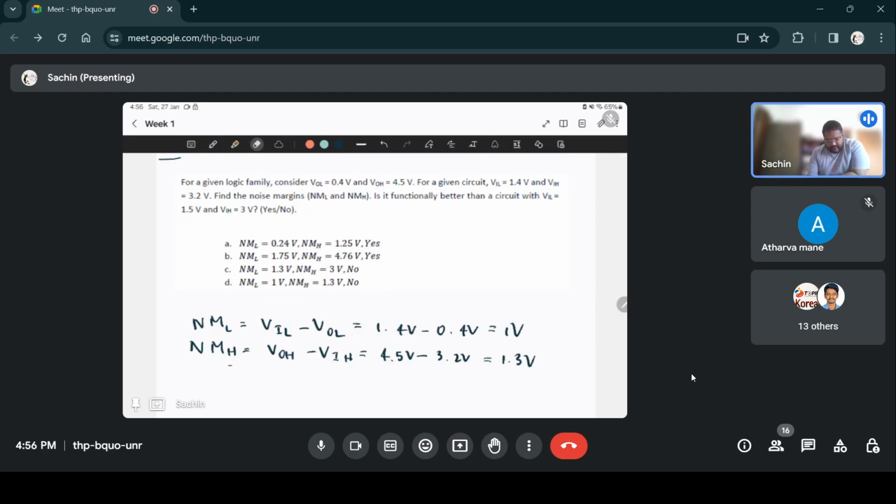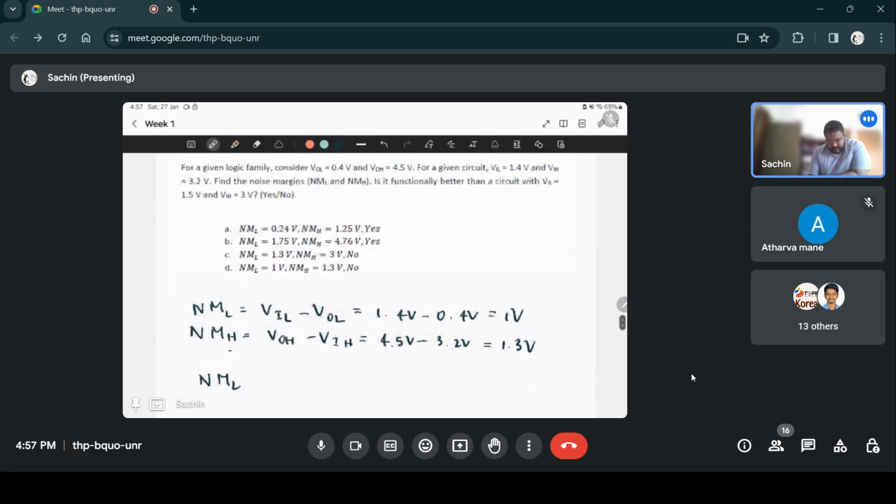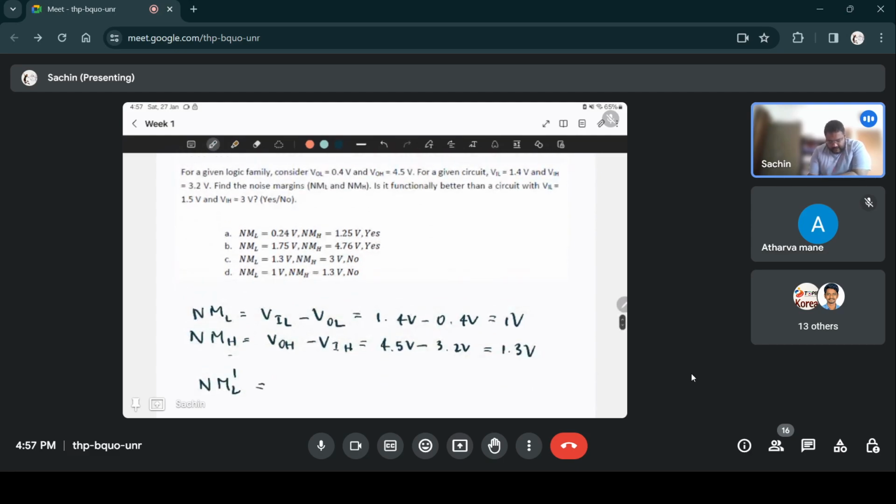And then the second part of the question is, is this circuit with these values functionally better than a circuit with a different set of VIL and VIH? So we'll have to calculate the NMH and NML for that circuit also and compare. So let's call it NML dash, which is VIL dash minus VOL.